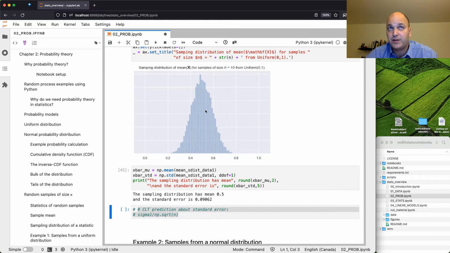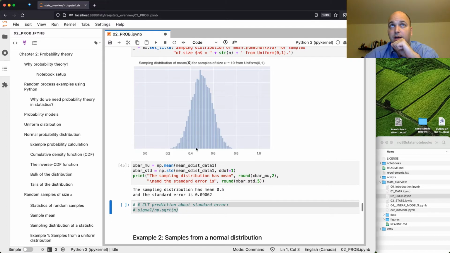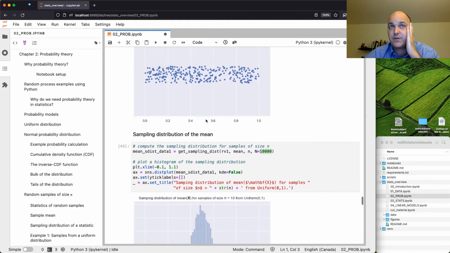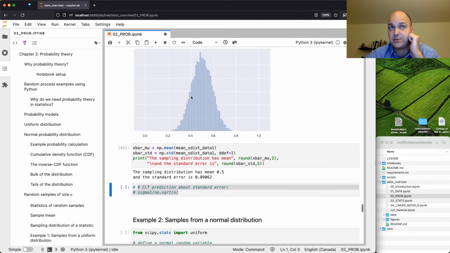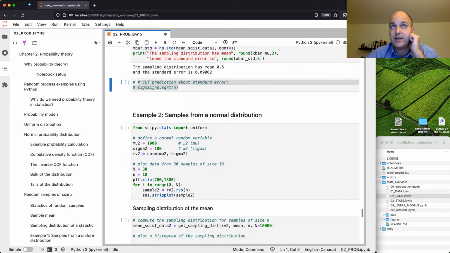And the spread here is almost 0.1, 0.09. We know the width. So that's cool. So we know what happens to the average from this distribution. Let's repeat that.